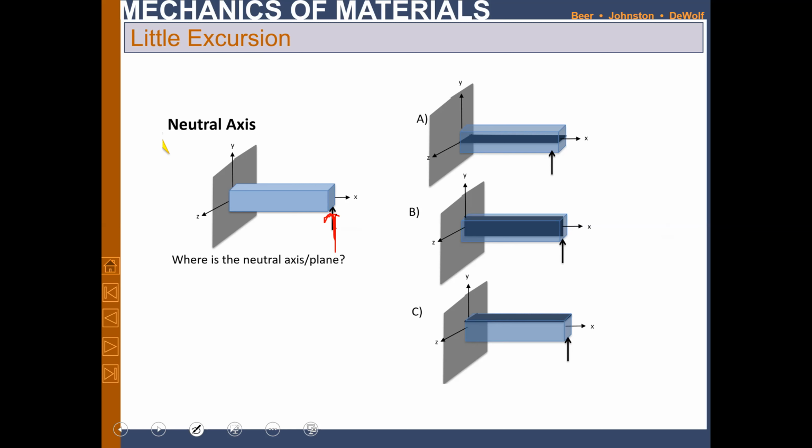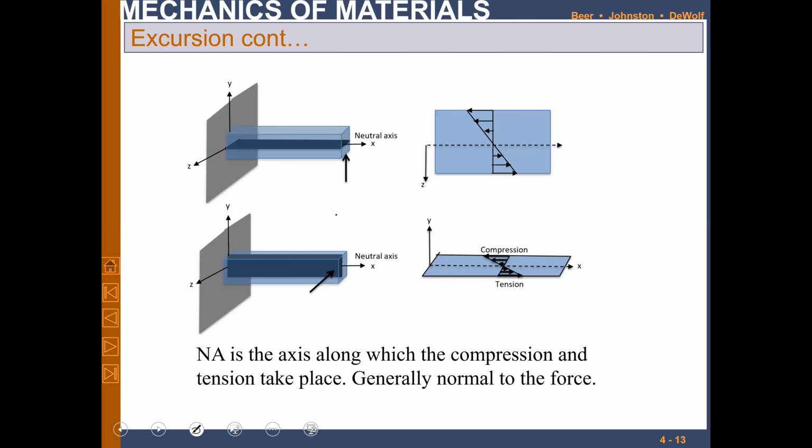So there are three options: A, B, and C. What do you think? It should be either A, or B, or C. Which one? In this particular case, it is A, and if the force is being applied in this direction, it will be along this axis. So the darker one is the neutral axis.